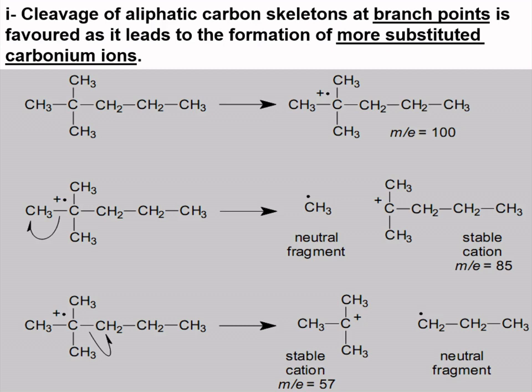First, we have the branched hydrocarbon. Cleavage occurs at the branch point, and from the molecular ion, which is formed after ejection of one electron, we can either lose a methyl radical and form this tertiary carbocation, or lose an n-propyl radical and obtain the tertiary butyl cation.